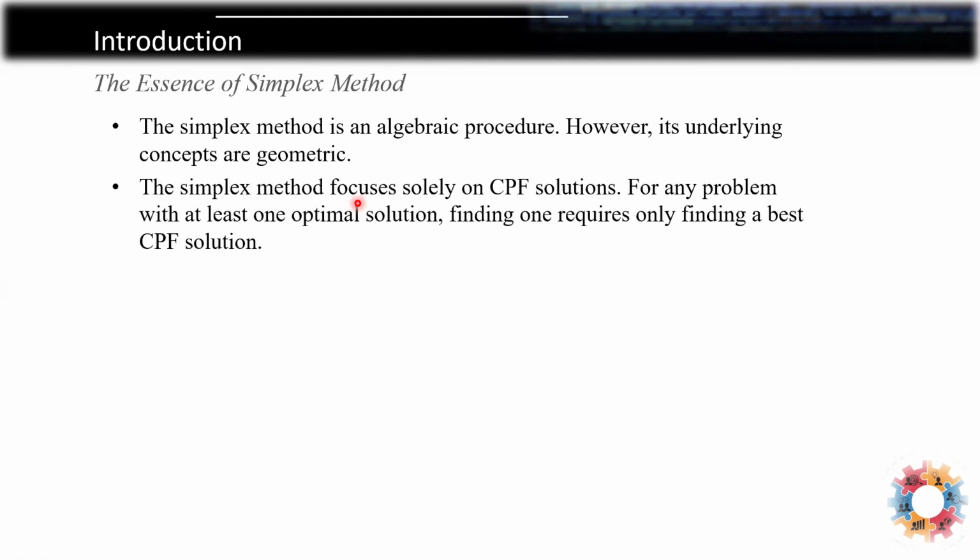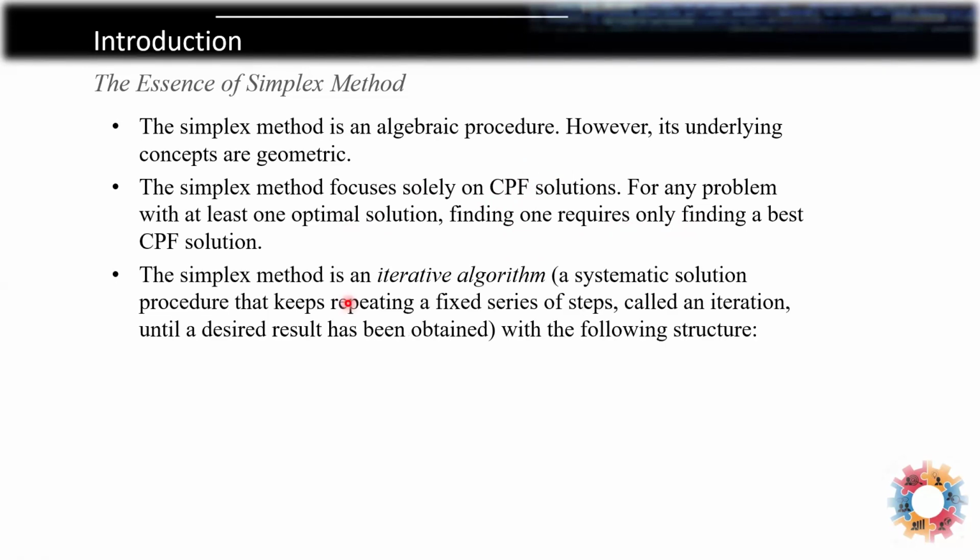We call them CPF solutions, or corner point feasible solutions. Because it focuses on CPF solutions, we will be obtaining the optimal solution from those corner point feasible solutions. Finding one requires only finding a best CPF solution.